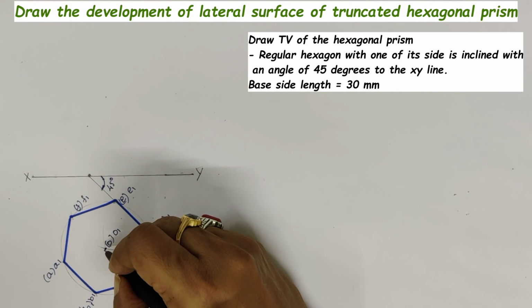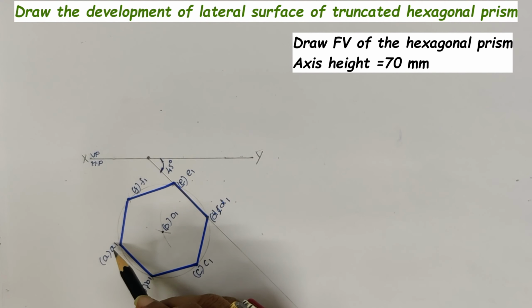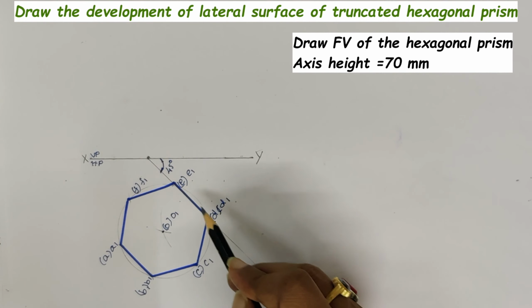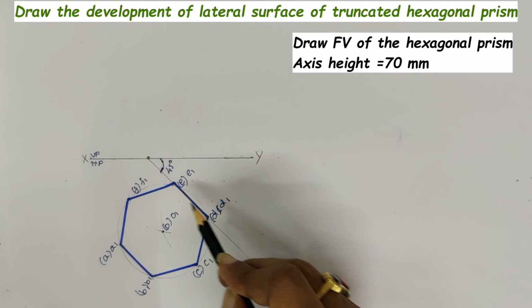For drawing the front view of the hexagonal prism, draw projectors through A, B, C, D, E, F and O towards the vertical plane.